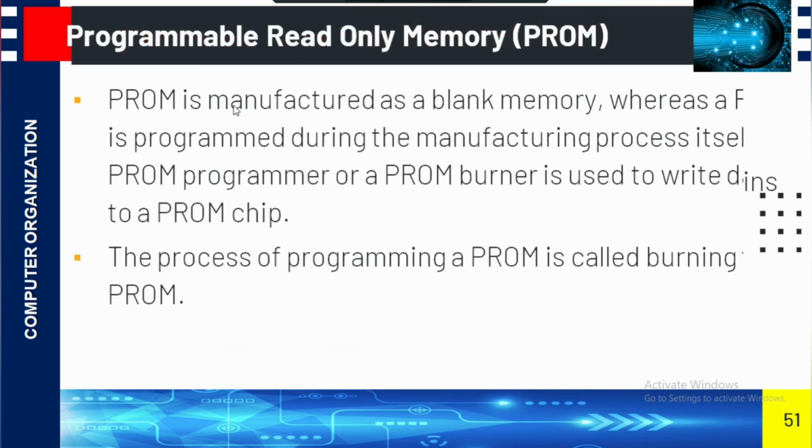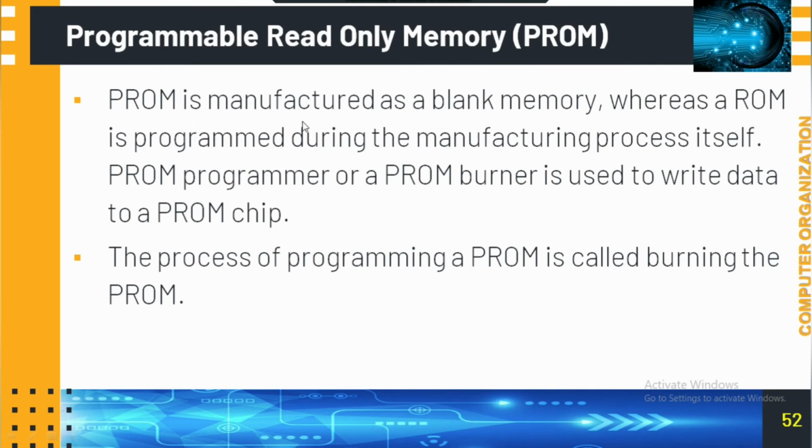Okay, now you can see this. PROM is manufactured as a blank memory. That is, there is no data in this chip, whereas a ROM is programmed during the manufacturing process itself. A PROM programmer or a PROM burner is used to write data to a PROM chip.